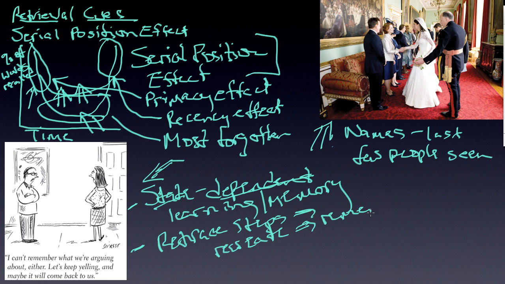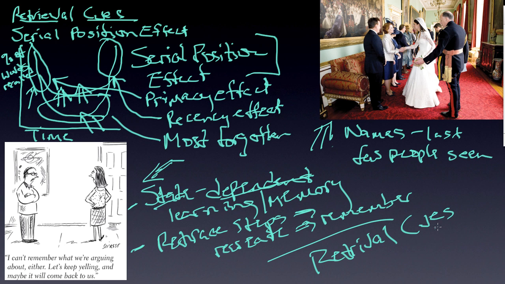That's all part of the backdrop to what we're talking about when we talk about state-dependent learning. The big idea is retrieval, and retrieval cues are what I use to pull things out of memory. Now, we're going to turn our attention to how forgetting actually occurs and how we reconstruct memory accordingly.